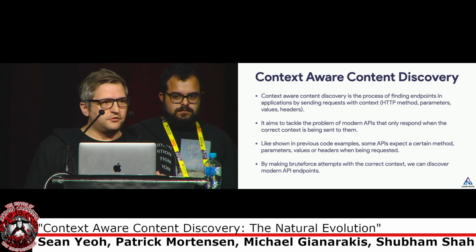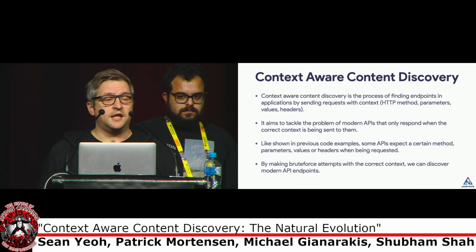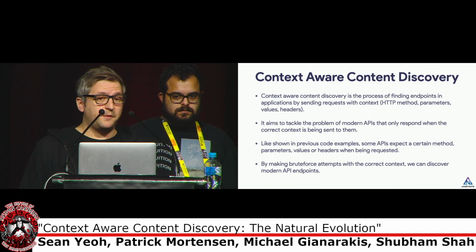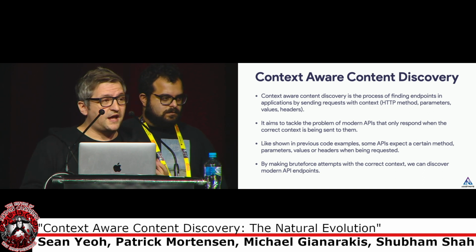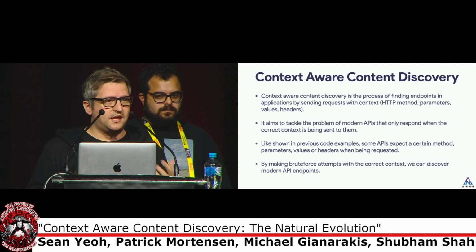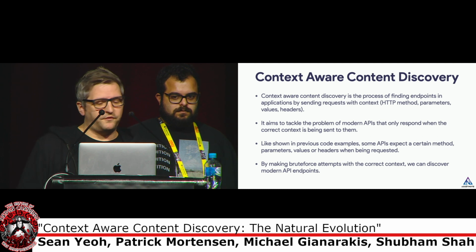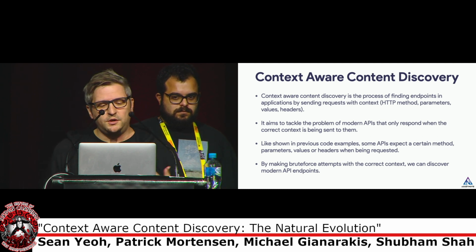It aims to tackle the problem of modern APIs that only respond when the correct context is being sent to them. Like we went through in the previous examples, some APIs expect certain methods, parameters, values, or headers when they're being requested. By making brute force attempts with the correct context, we can discover modern API endpoints.